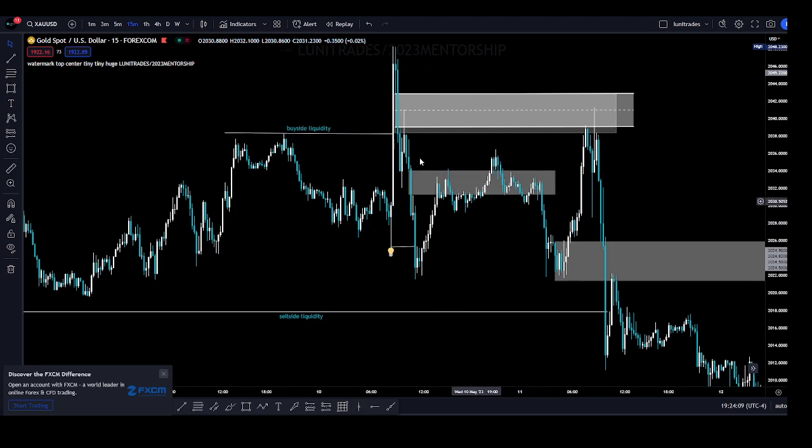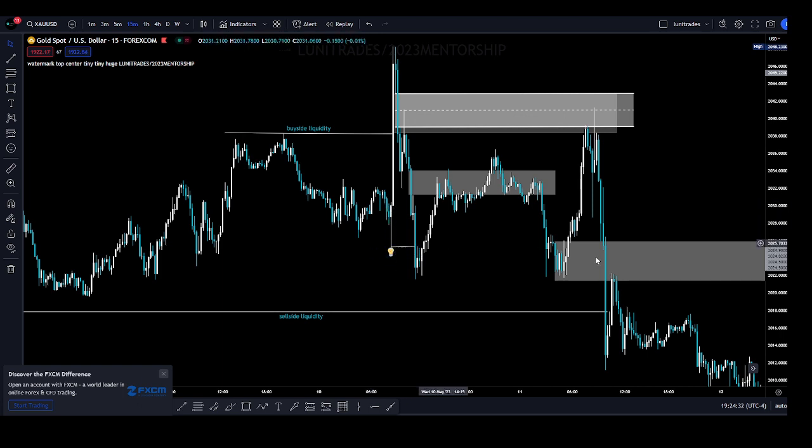So you want to be entering with your breaker block. Your breaker block is your order block turned around. So what will be your breaker block here? Let's look for a breaker block now. We don't have a clear breaker block here.